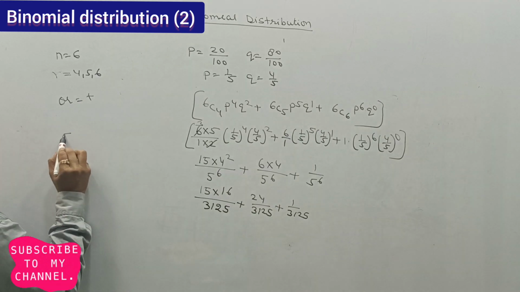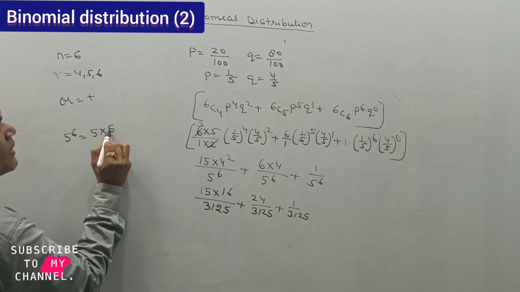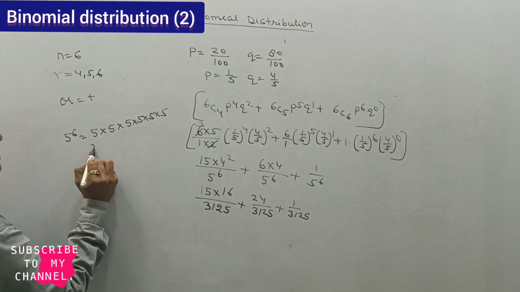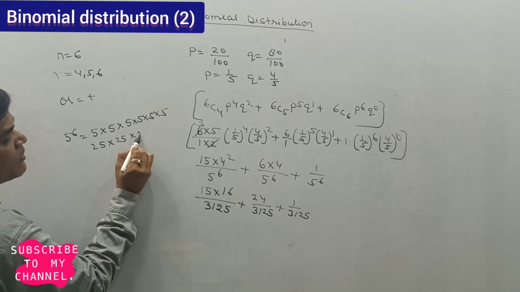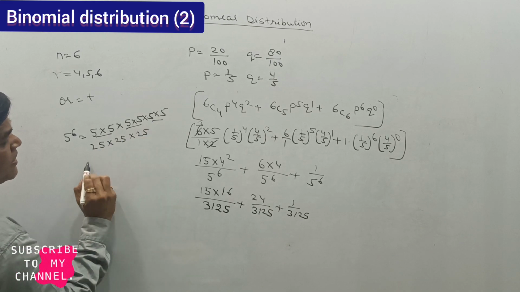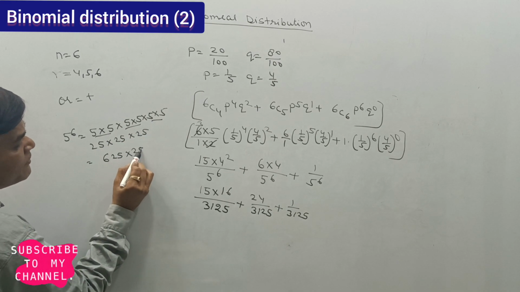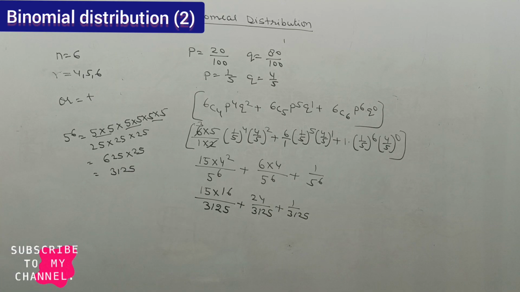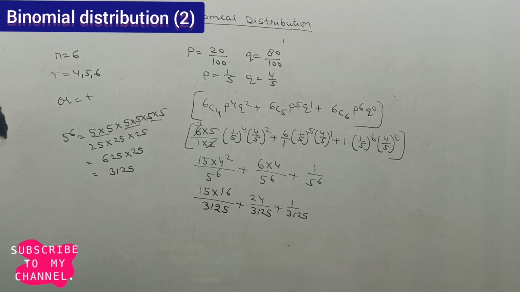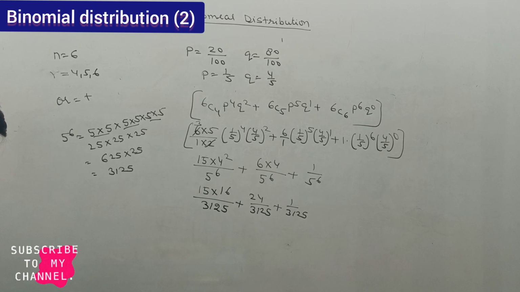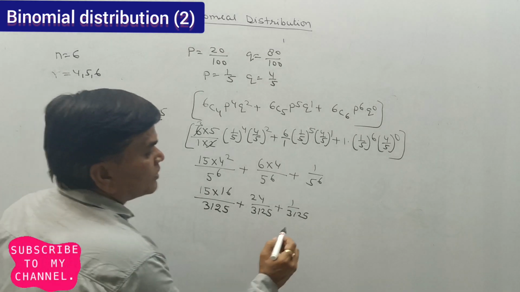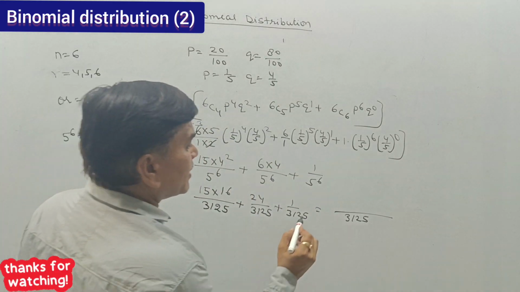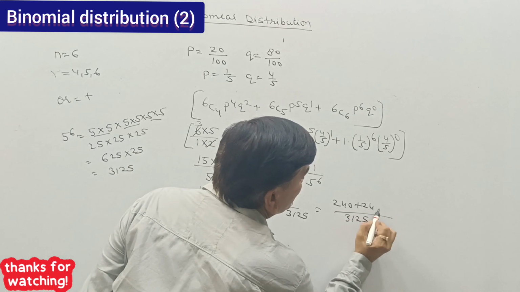Because 5 raised to power 6 is equal to 5 multiplied 6 times, so 25 multiplied by 25 multiplied by 25, that is 625 multiplied by 25, which is 3125. So we have 3125 in the denominator, and in the numerator 240 plus 24 plus 1.